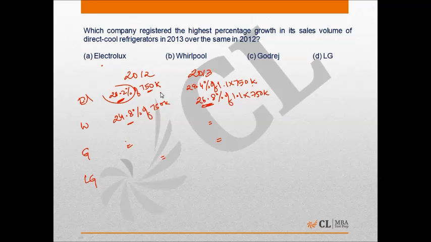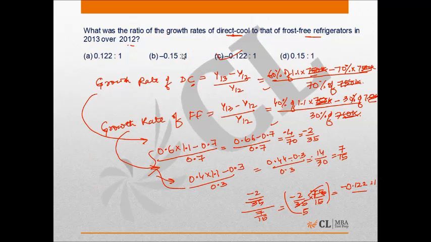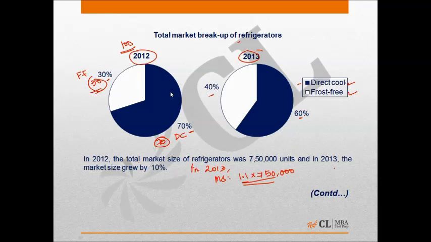There has been a slight mistake. In 2012 and 2013, we are talking about just the direct cool refrigerators. So direct cool refrigerators in 2012 were not 100%. This was actually only 70% or so, while in 2013 this was 60%.